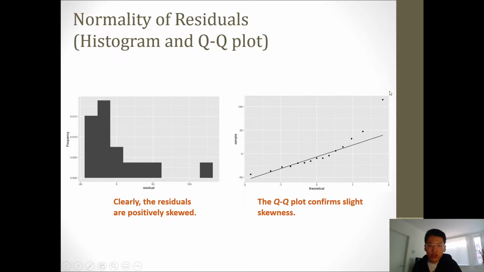And this corresponds to here, right? You can see the skewness also, because this is the reference line, and our dots are going that way. Okay, so we kind of violate the normality assumption here.